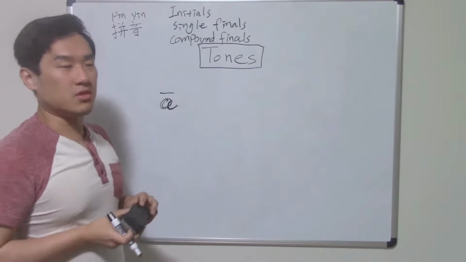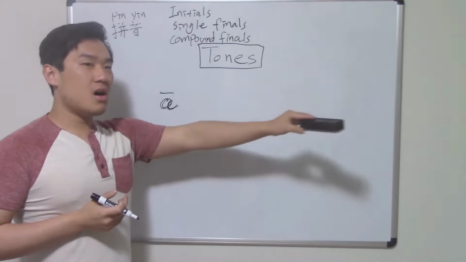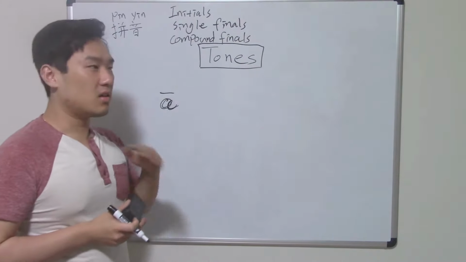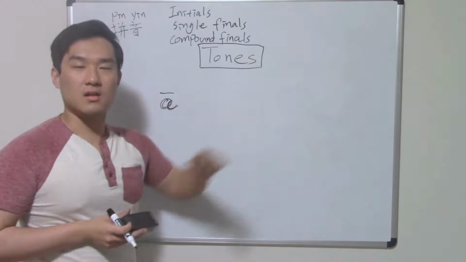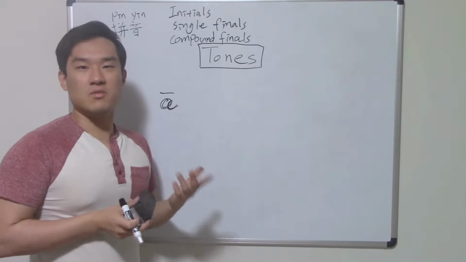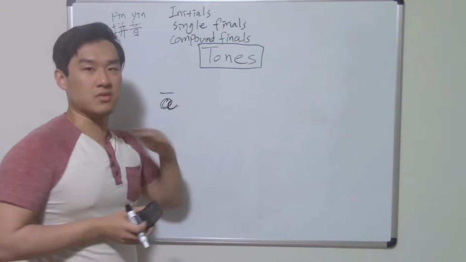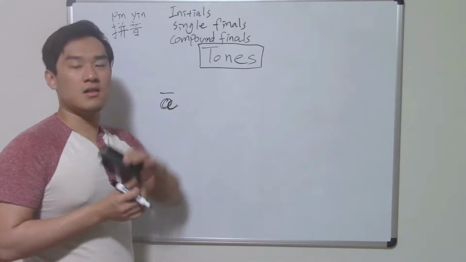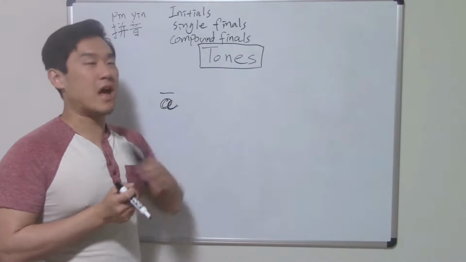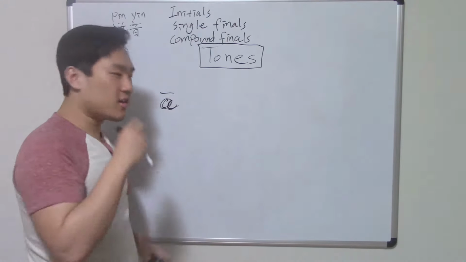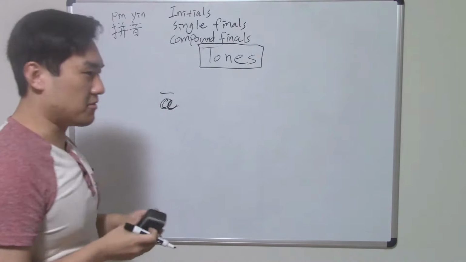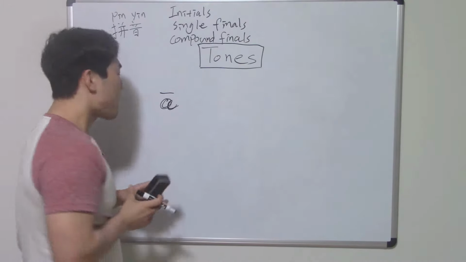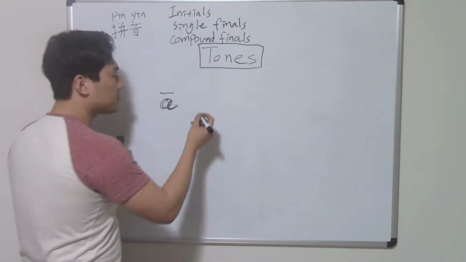So you simply go flat, like do re mi fa sol la si. I don't know how the music notes work, but it's just flat out. There are no movements in your tone.